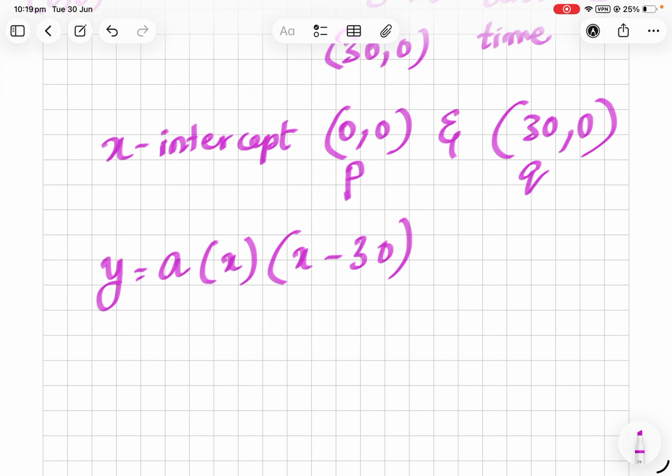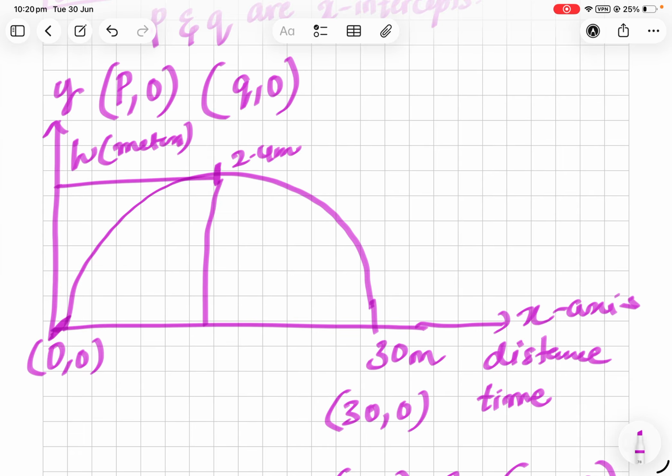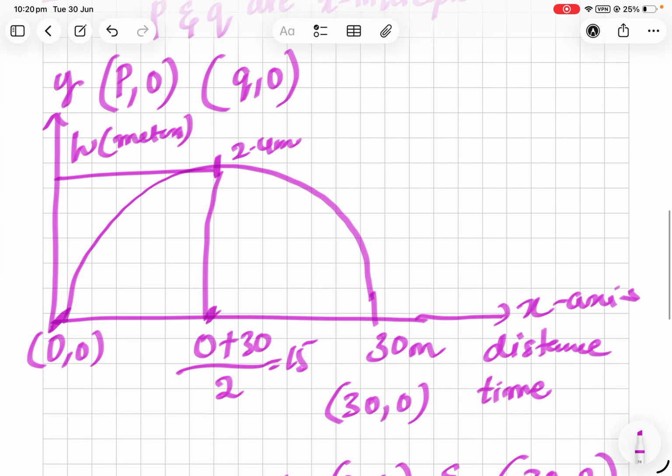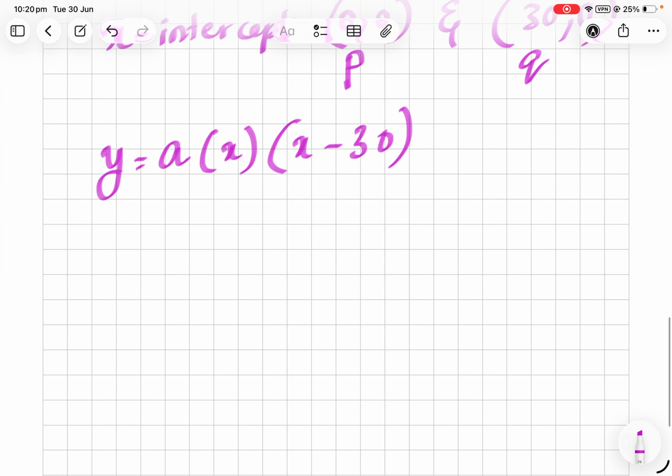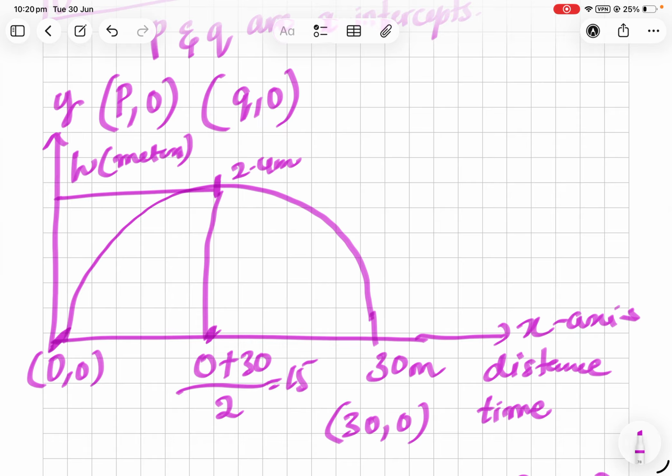Where x represents the horizontal distance and y represents the height, both in meters. Now, using the crossbar situation, the midpoint distance is 0 plus 30 divided by 2, which ends up being 15. So 15 meters is the half distance. So our x value at this point, why do I need this number? Because I am calculating the height at that point, which has to be 2.4 meters.